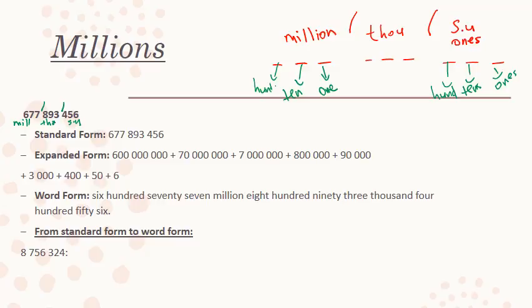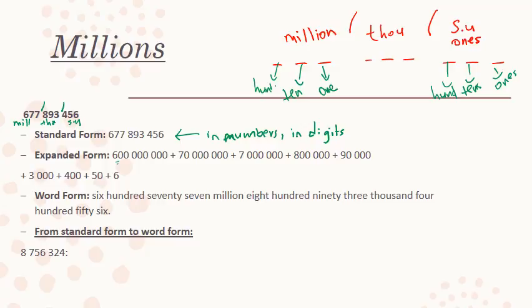A number could be written in 3 forms. What are they? The standard form, or in another word, in numbers or in digits, okay? Where I write the number in its number form. The second form is the expanded form, where I put the number to indicate its place.